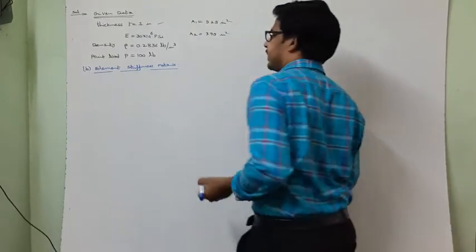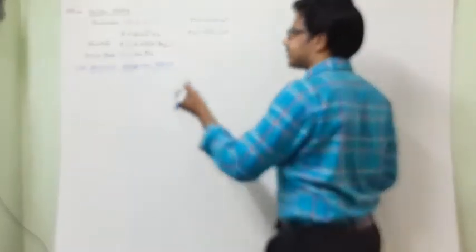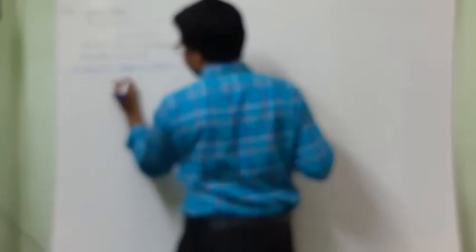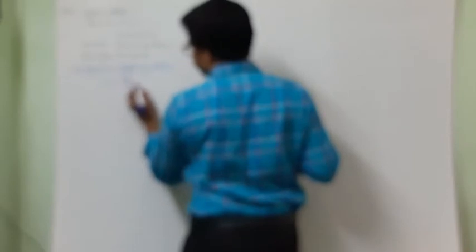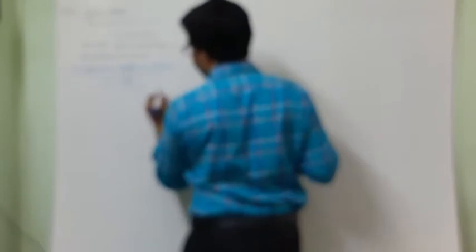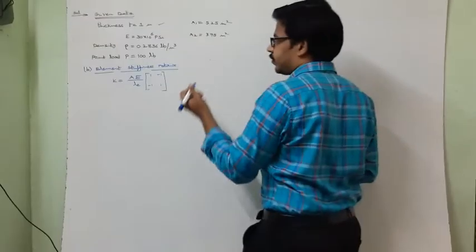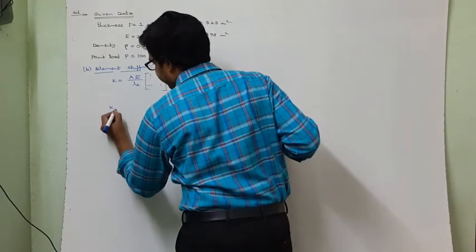What is the formula for the element stiffness matrix? So here K is equal to AE by LE into [1 -1; -1 1]. So here there are two elements, so I need to calculate the first element.